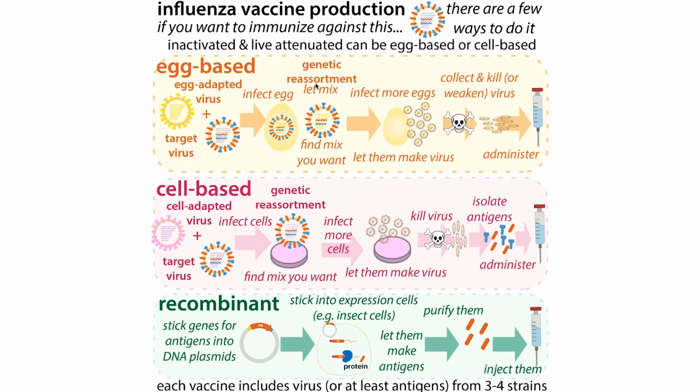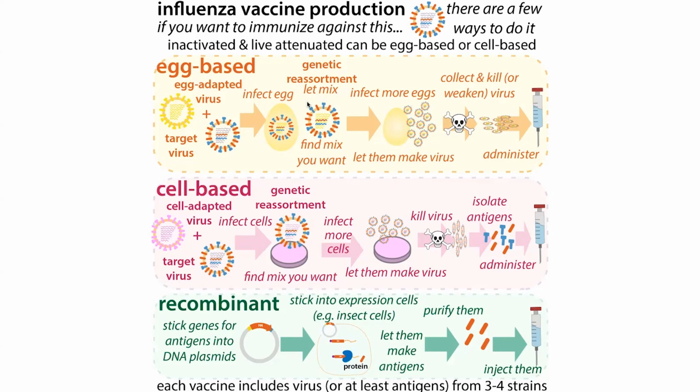If it changes its antigens, the HA and the NA, in a way that makes them bind better to the chicken sialic acid than, say, the human sialic acid, well, now when we put that into humans, it's going to be different from the natural form. And it might be different enough that our bodies are making antibodies against the wrong thing.